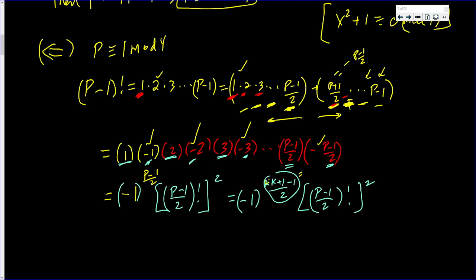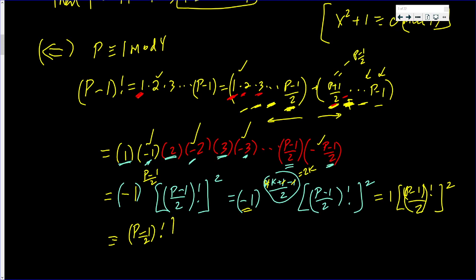Sorry, I apologize. It was 4k plus 1. The 1's cancel. 4k over 2 is 2k. It's an even number. Negative 1 to an even number is 1, times this over 2 squared. Well, this is congruent to p minus 1 over 2 factorial. Actually, the whole thing is factorial.